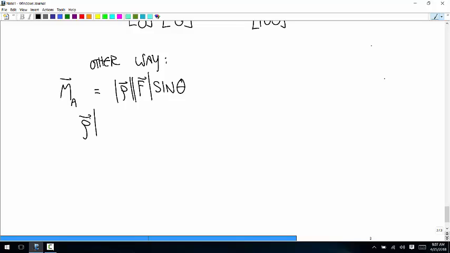What's the magnitude of rho? Yeah. So 3 squared plus 1 squared, square root, is root 10. And what's the magnitude of the force?